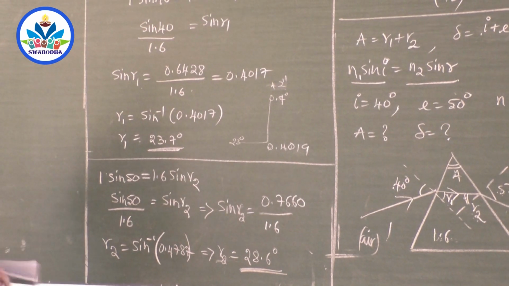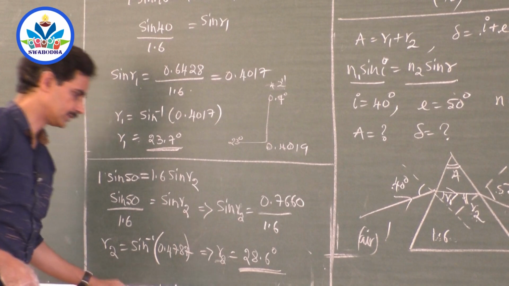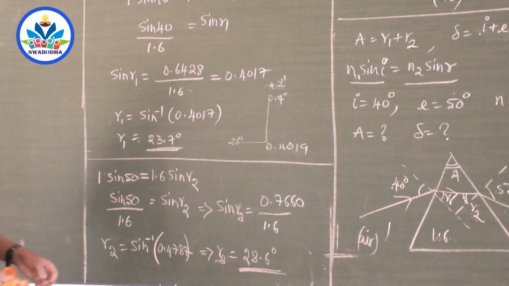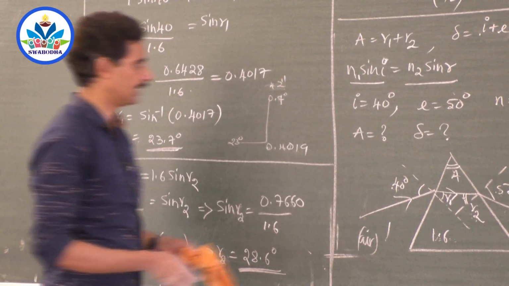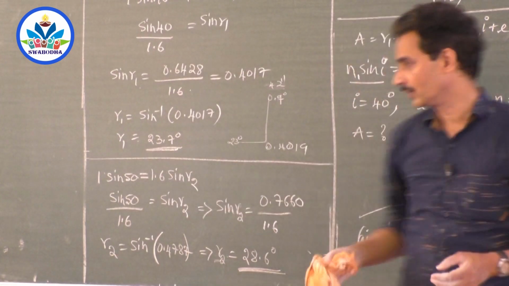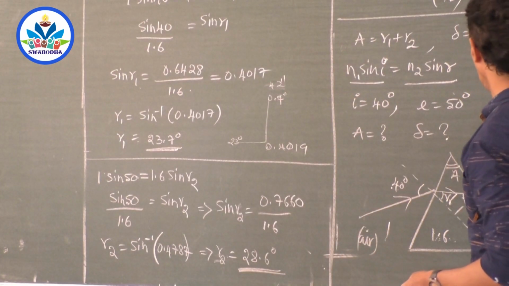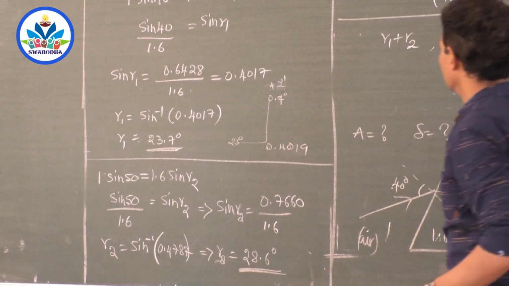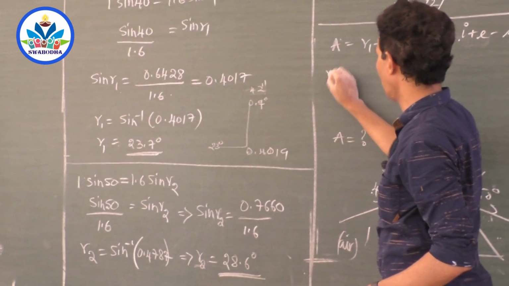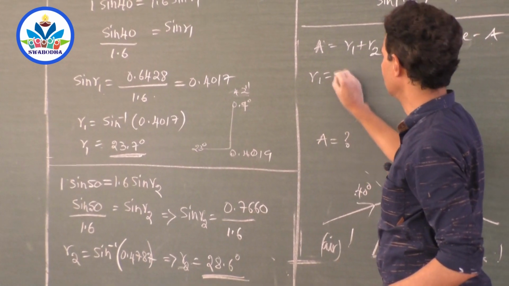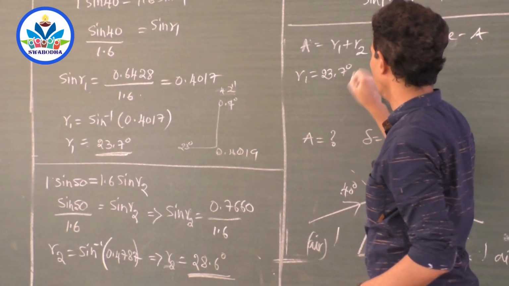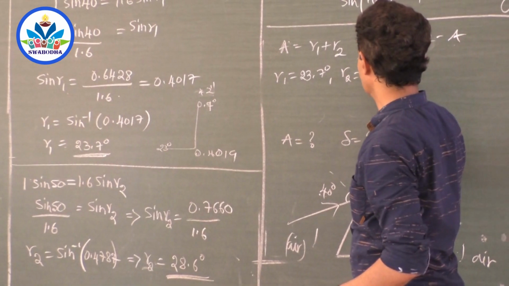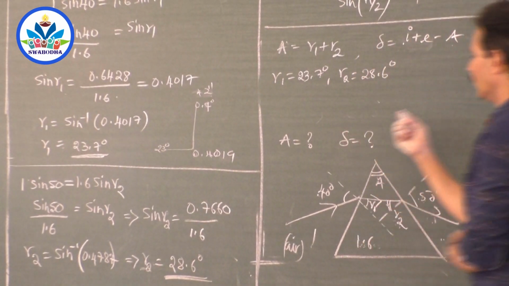Yes, correct. Now we will go for the rest of the things. You have got R1 and R2 by applying the general law of refraction on either side. I'll list the values of R1 and R2 here. So A and delta are the question marks now. We have the formulas here. A is equal to R1 plus R2, and R1 is 23.7 degrees and R2 is 28.6 degrees. Now, what is A?